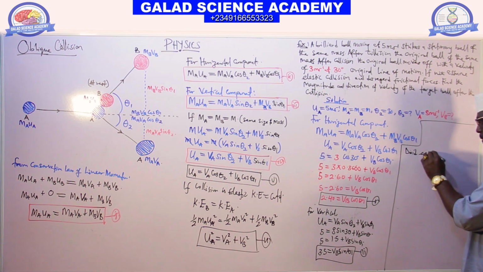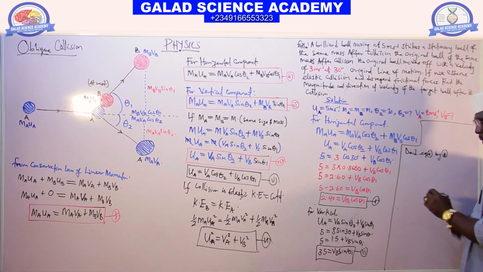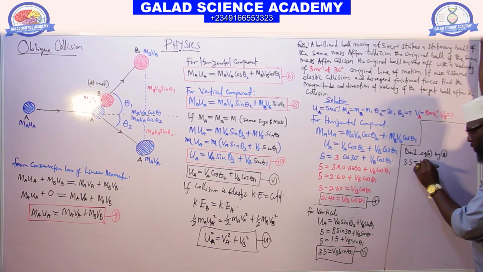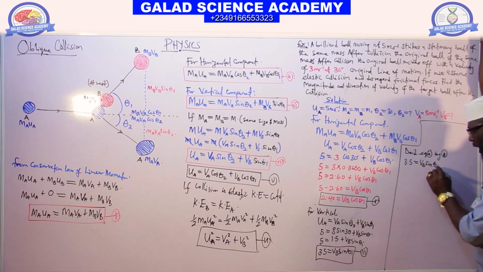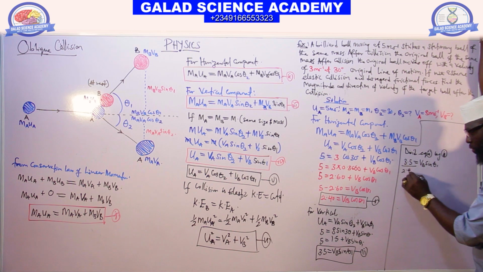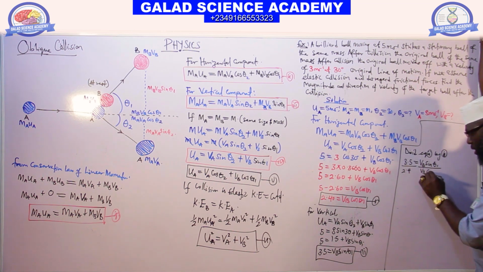Equation 2 is 3.5 over VB sine theta. Equation 1 is 2.4 over VB cos theta 1. So VB cancels VB.